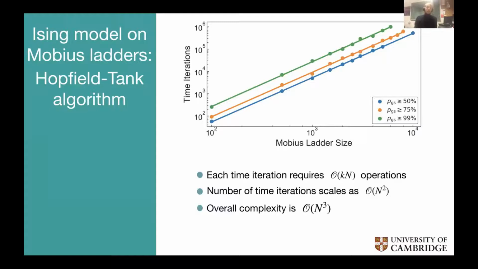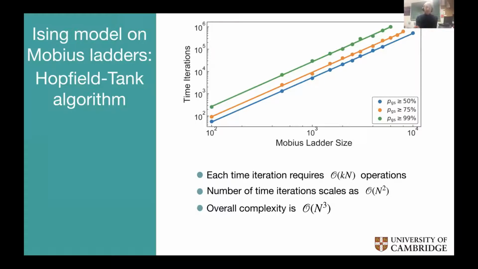The number of time iterations in the Hopfield-Tank algorithm scales polynomially, in fact quadratically, with the size of the Mobius ladder. And here on the graph, you can see the probability to find the ground state, which is shown in blue for 50% of cases, and in green for 99% of cases. You can see that it scales linearly in the log-log plot, which gives us quadratic dependence.